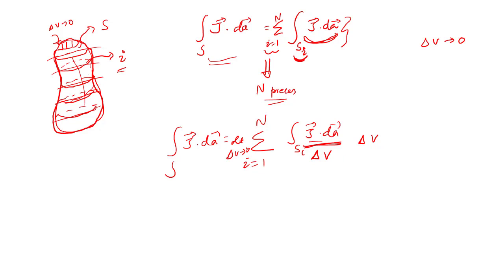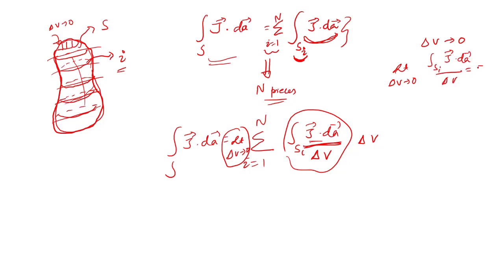Combining these two, the limit as delta V goes to 0 of the integral of J dot dA divided by delta V was the fundamental definition of divergence that we had seen. In case delta V is going to 0, the number of pieces goes to infinity, so this summation would become an integral.